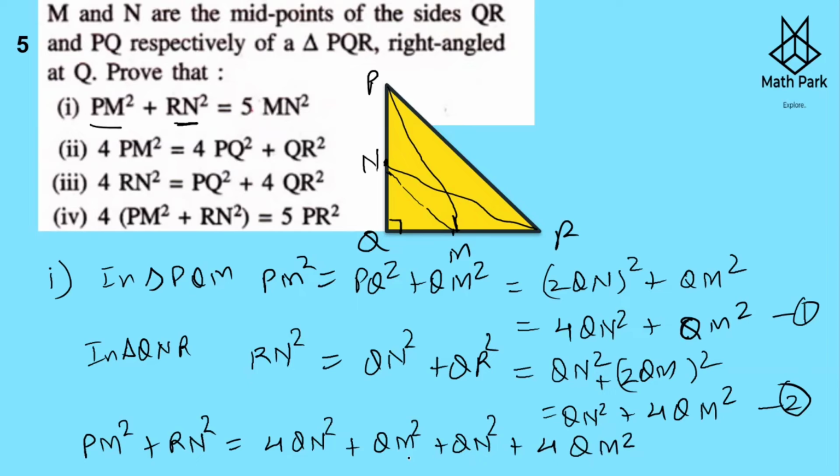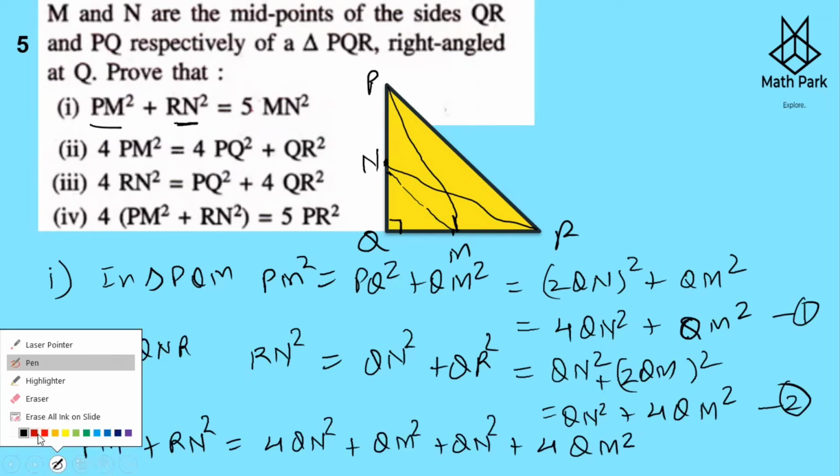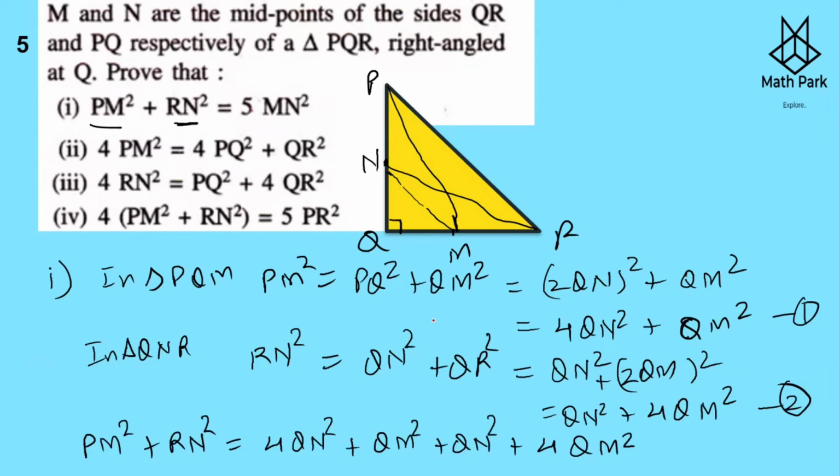Now, I don't have enough place here, so I'm solving it up here. Let us add the like terms. We get 4QN square plus QN square, which is 5QN square, and QM square plus 4QM square, which is 5QM square.